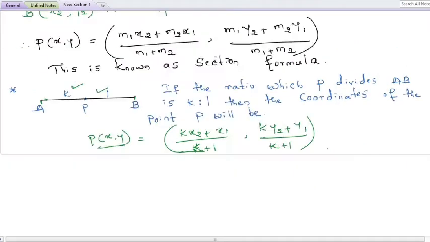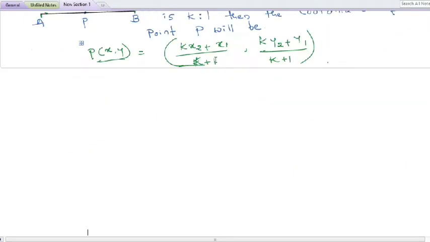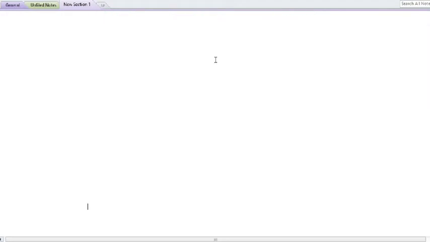Now, we will move to the special case here.